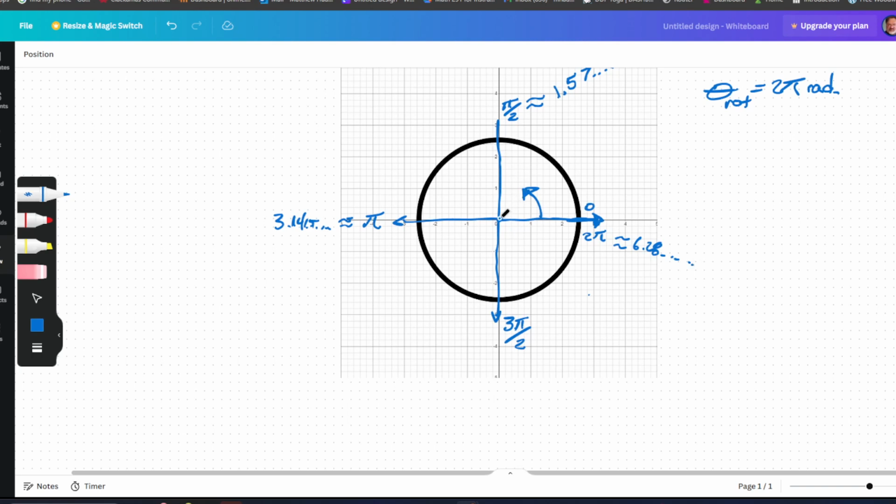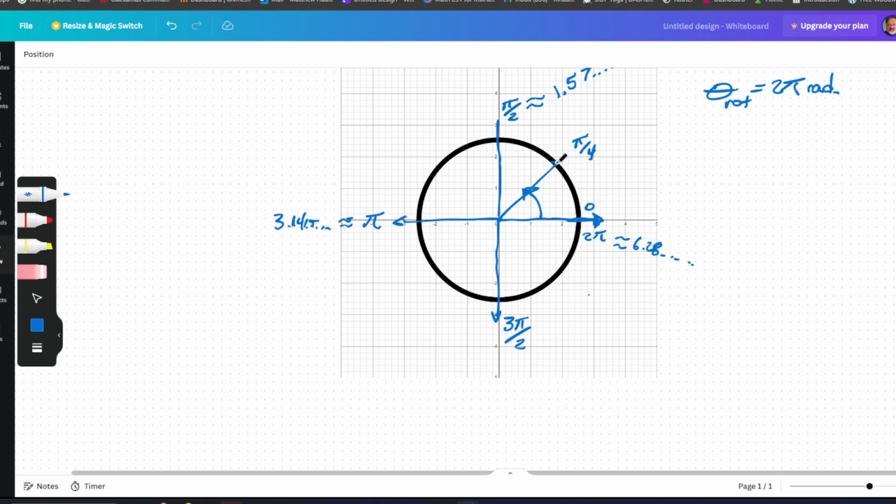We can keep going here too. If we take half of that, which we can associate with 45 degrees, that would be pi over 4 radians. That would make 1 pi over 4 radian to get here, another pi over 4 radian to get up to pi over 2.